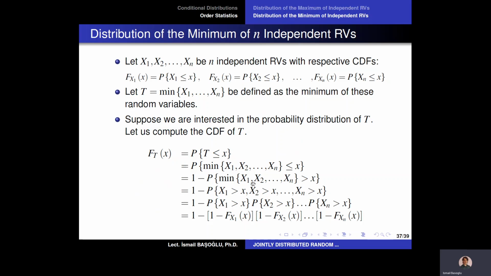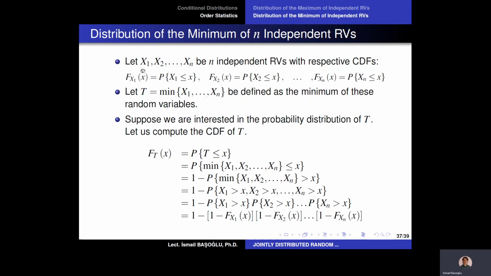In other words, if the minimum of these is greater than x, this means all of them are greater than x. If all of them are greater than x, then automatically the minimum is also going to be greater than x. So this expression and the below expression, which is written in the intersection format, are the same.